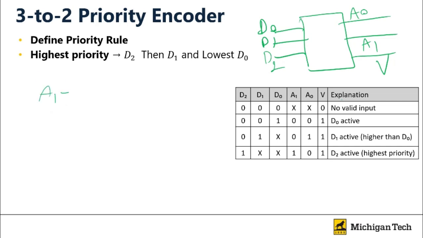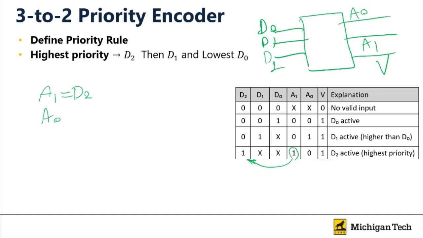The step that we need to do: first we check A1 to see where it is 1. We just have one 1 in A1. The corresponding input is D2. So it's D2. That's done.